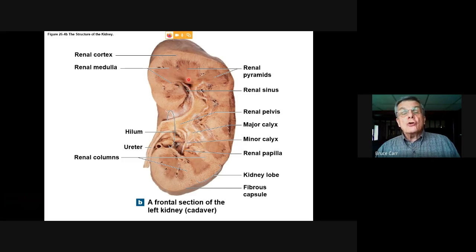They are each hooked to medulla, those funnel-shaped pyramids that together form the medulla in the kidney. The kidney lobes are basically defined by those medulla, and then the cortex surrounds it all.